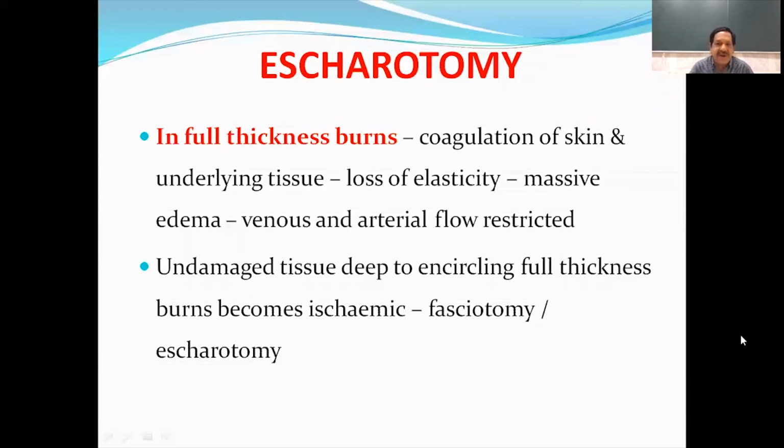Venous and arterial flow is restricted. Undamaged tissue deep to the full thickness burns becomes ischemic, especially in the limbs. So to prevent muscle necrosis and further damage, you require fasciotomy or escharotomy in cases of deep burns.